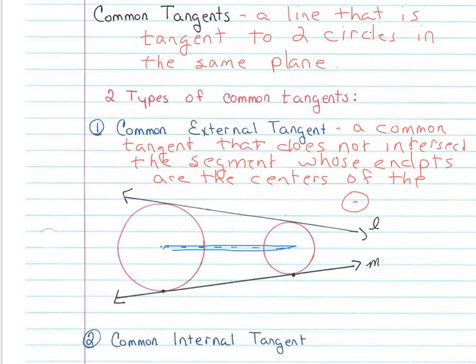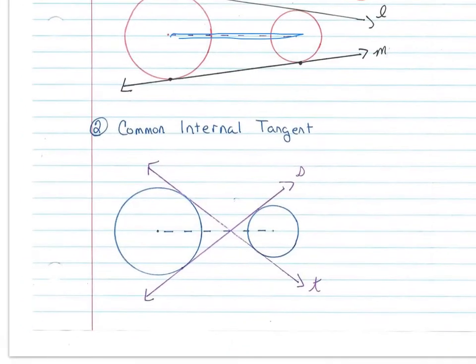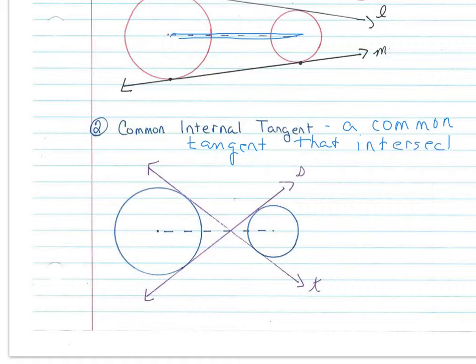The other type of common tangent is a common internal tangent. And this is two tangent lines that do intersect the segment whose endpoints are the centers of the circles.